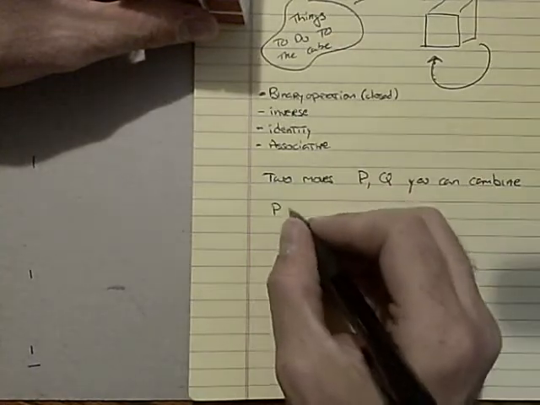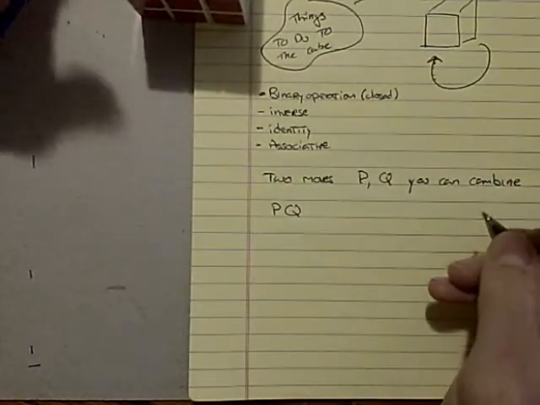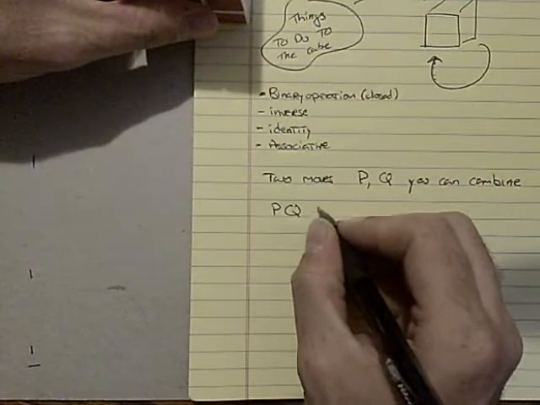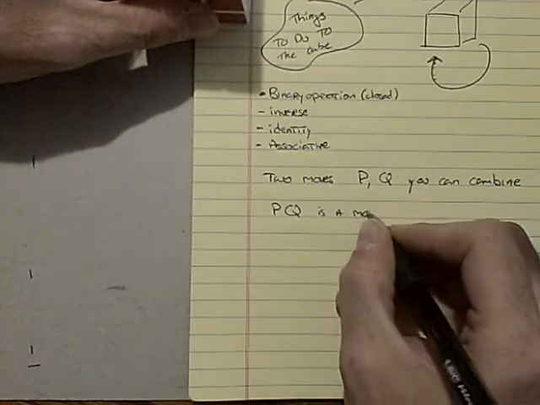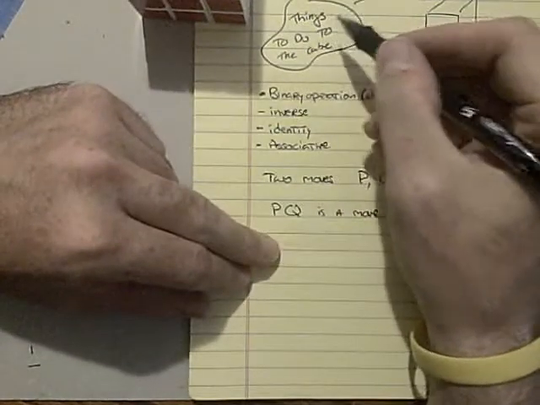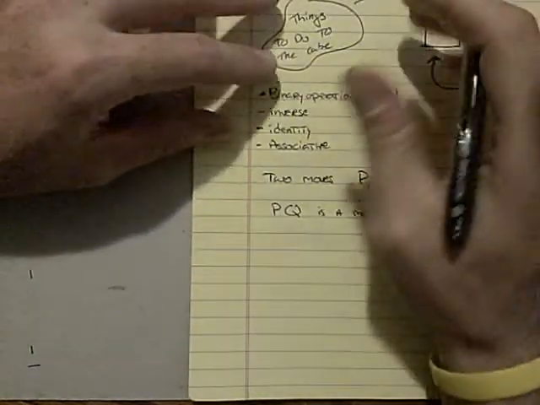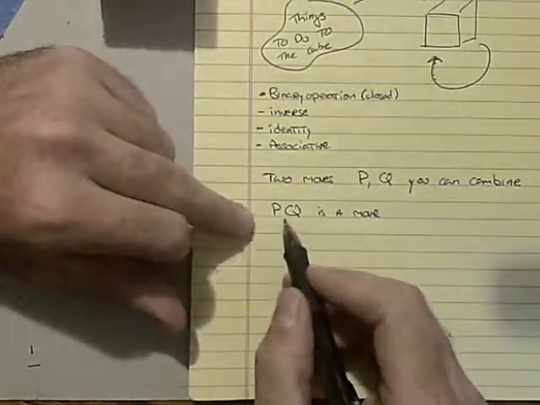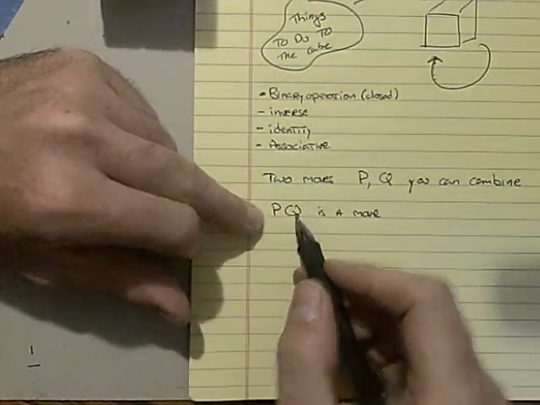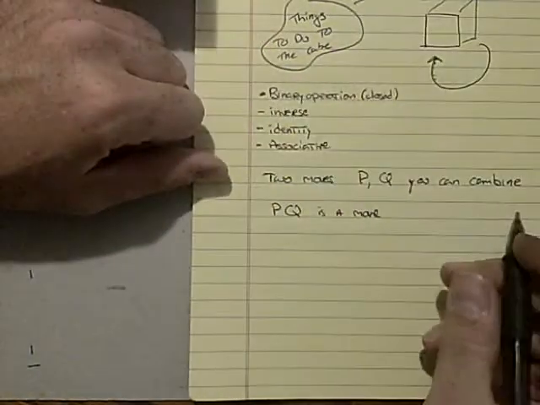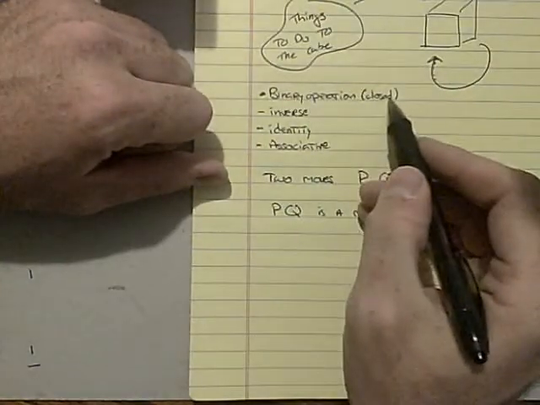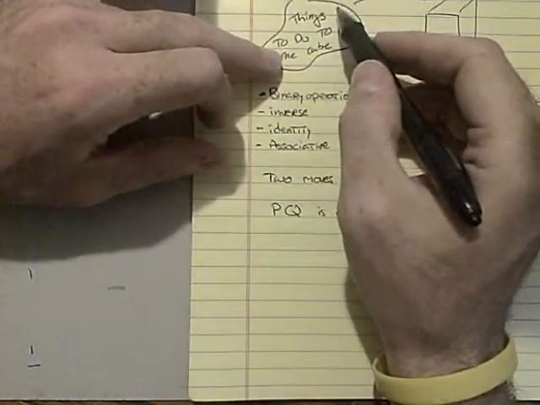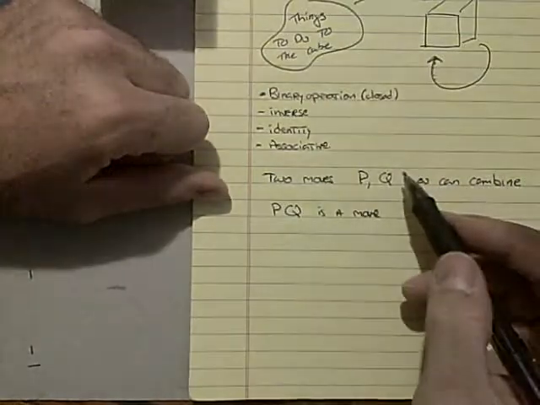So that new move might be PQ, for example. And this is a move, all right? And so it belongs in that collection of moves. So this collection has all the possible moves in it. If you took any two of them and you do P and then do Q, you have another move which was already in your collection. That's what closed means. Any two things in here are combined to give you yet another thing.